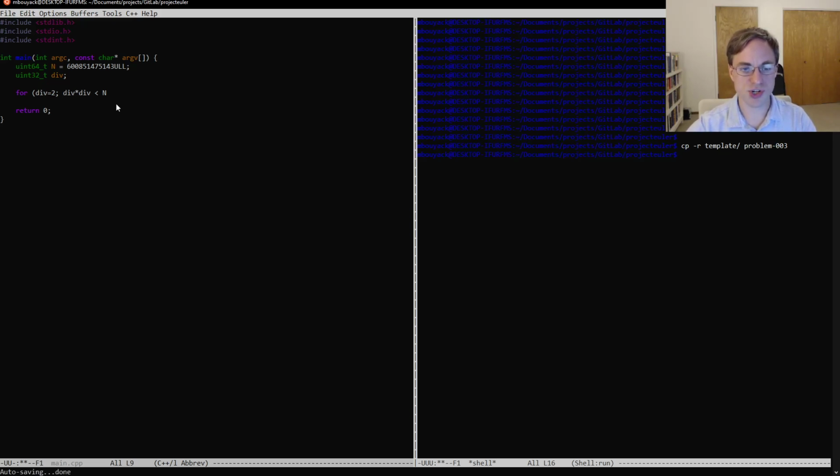Is much more efficient. And let's make our div here also a 32-bit or 64-bit integer. That was a minor mistake there. And then we'll just increment div. And then we'll say if n mod div is equal to 0.